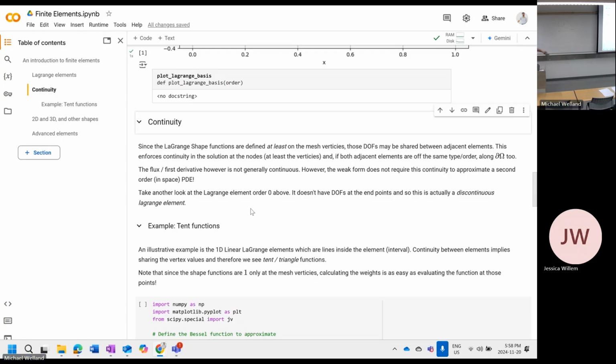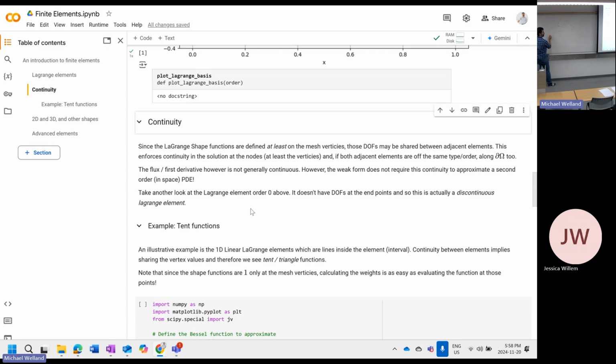Okay. Continuity. Lagrange shape functions are defined at least at the limits of the element. Which means if we have a mesh like this, right? This degree of freedom here is shared between two intervals. So you can have one that goes like that.